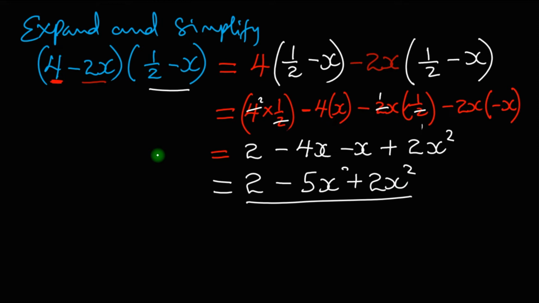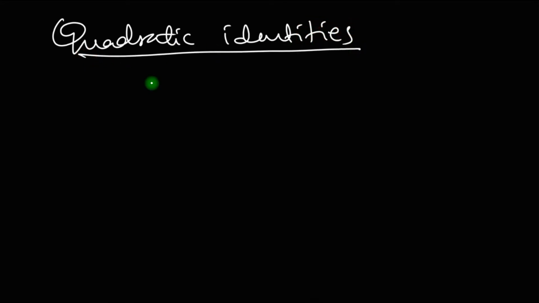Something else that we are going to look at is quadratic identities. And in quadratic identities, it is very, very important from what we have just learned in the previous expansion of the expressions. So take an example, x plus 1 squared.